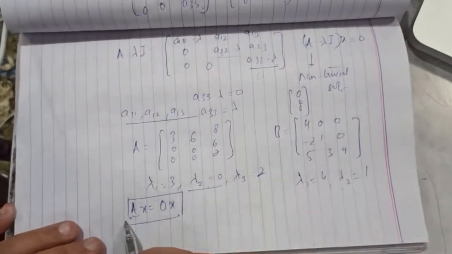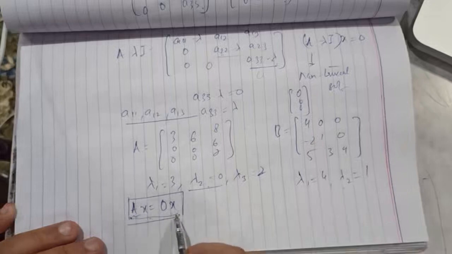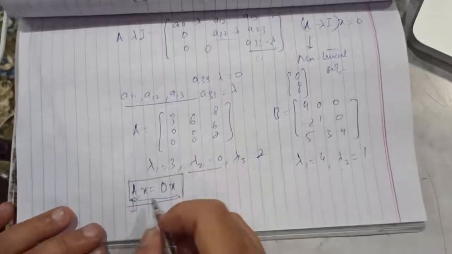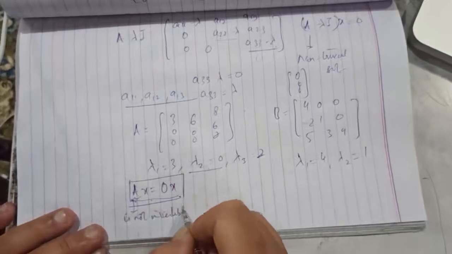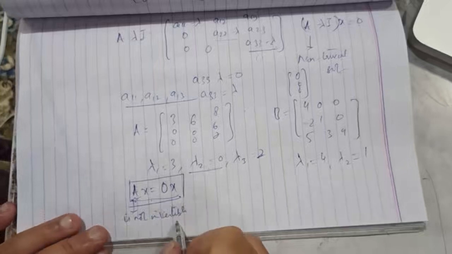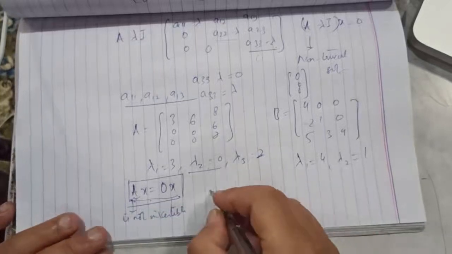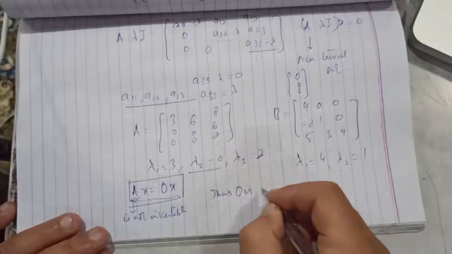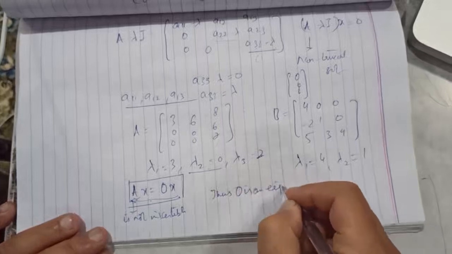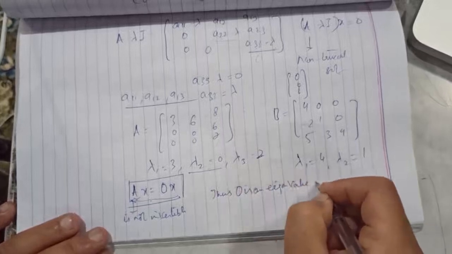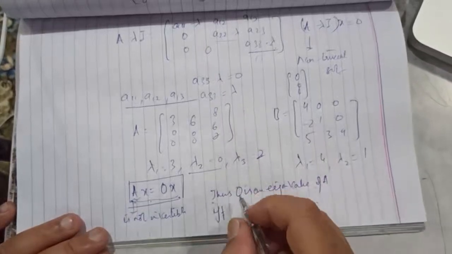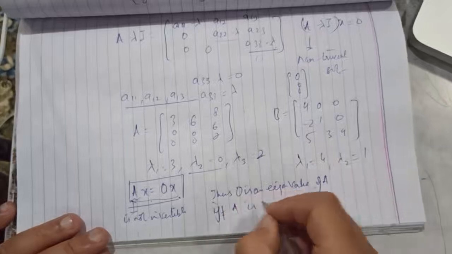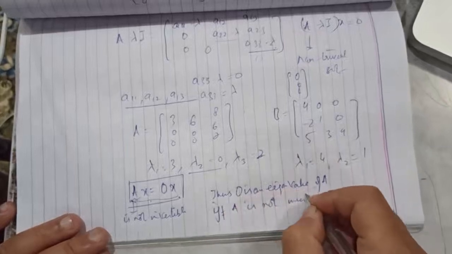So this equation only has a non-trivial solution if A is not invertible. It means its rows and columns are linearly dependent. So 0 is an eigenvalue of A if and only if A is not invertible.